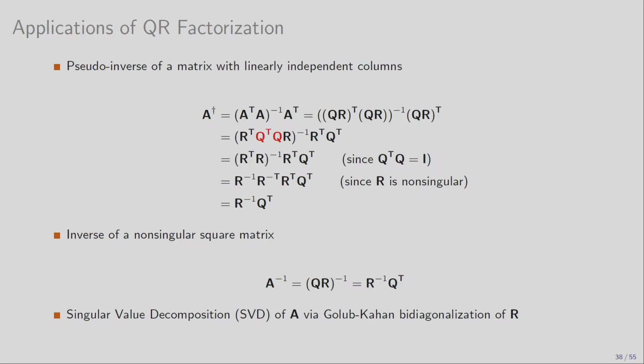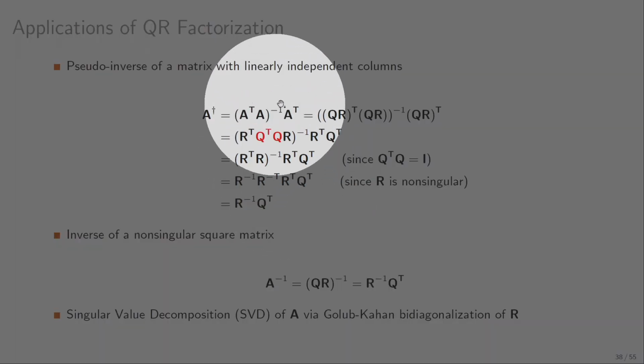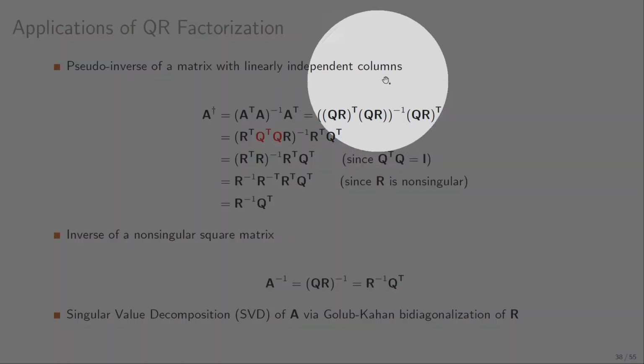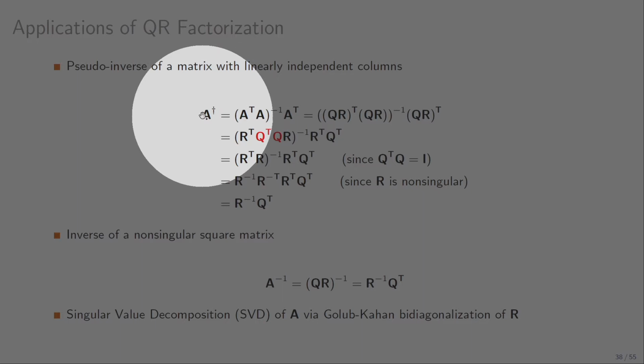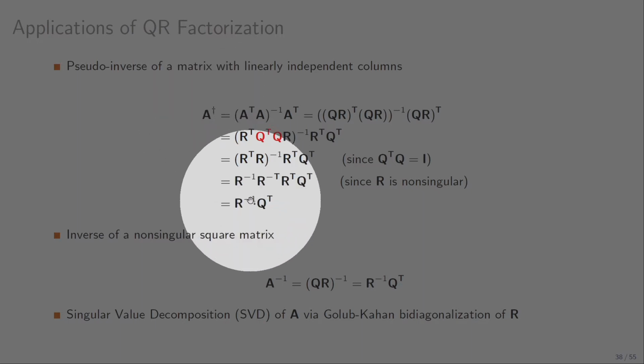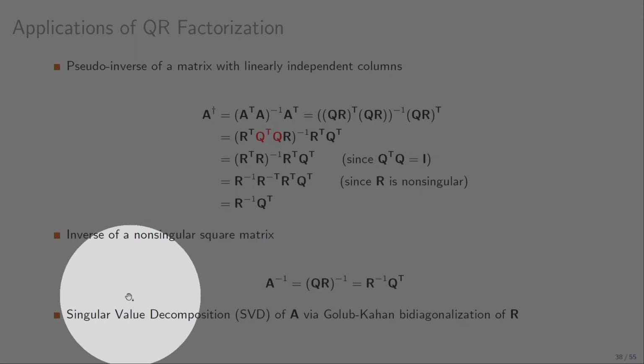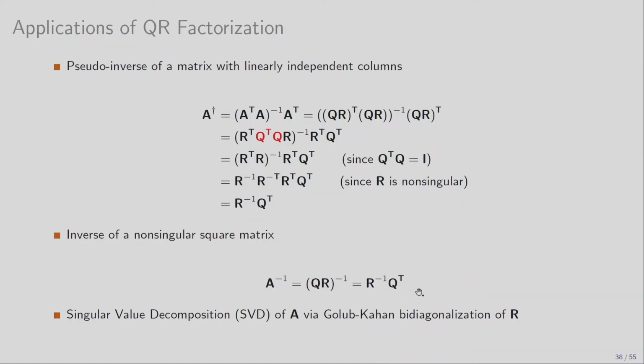Another application, as I said, is to compute the pseudo-inverse of a matrix with linearly independent columns. I won't go over the details, but effectively the pseudo-inverse of A boils down to R inverse times Q transpose. Perhaps a more relevant application is that once you have the QR decomposition, you can do singular value decomposition, SVD. SVD is used in a lot of settings, including machine learning.